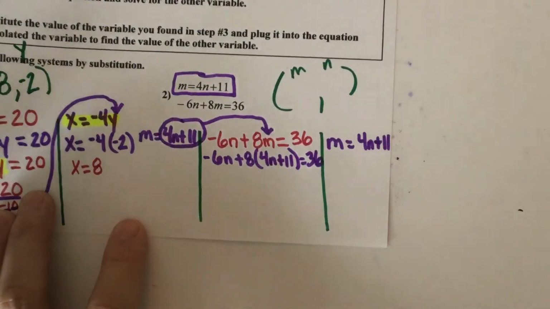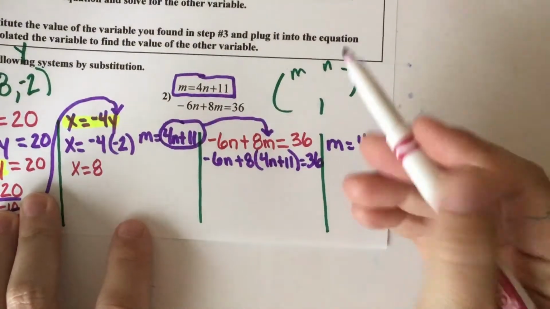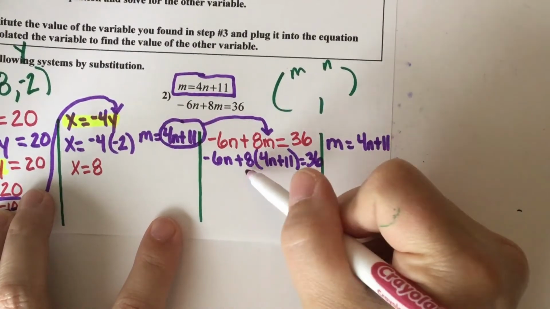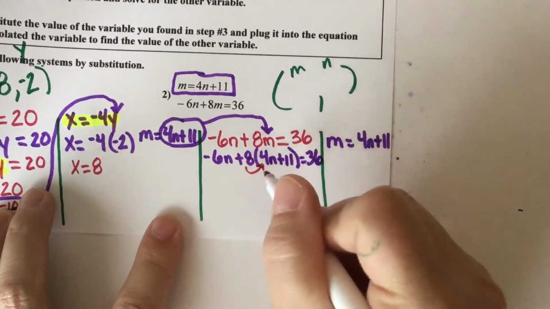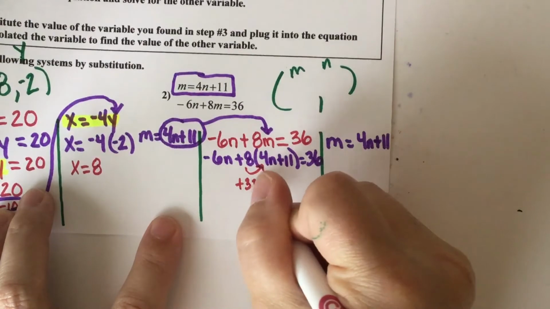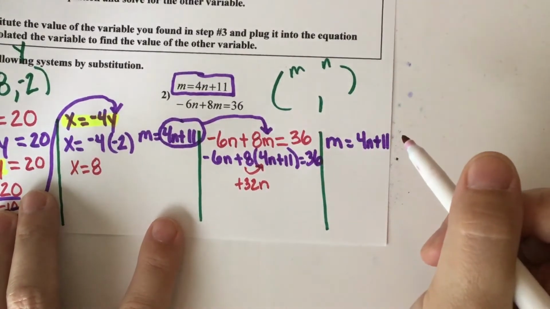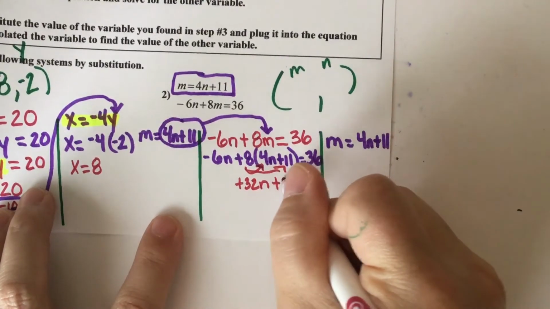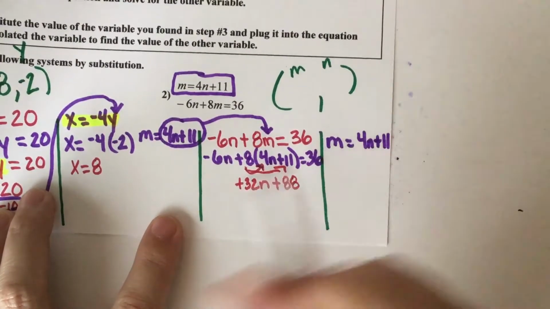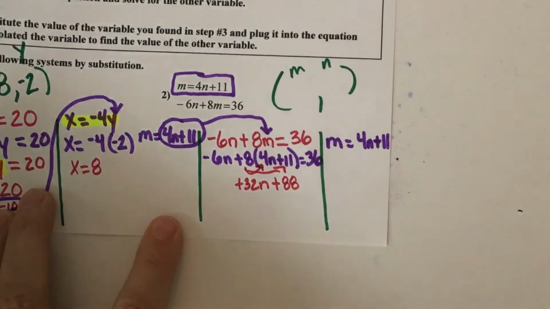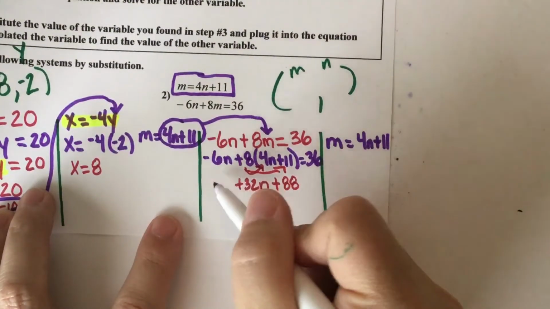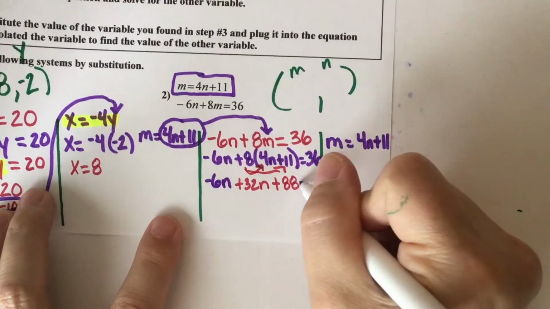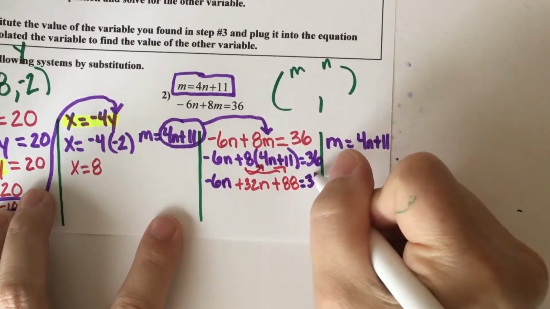So now to solve this equation, the first thing I need to do is distribute. So I need to distribute this 8 with everything in the parentheses. So 8 times 4n makes a positive 32n. And 8 times 11 makes 88. I'm going to bring down the negative 6n that was at the front of the problem, and I'm going to bring down the equals 36 that's in the back.